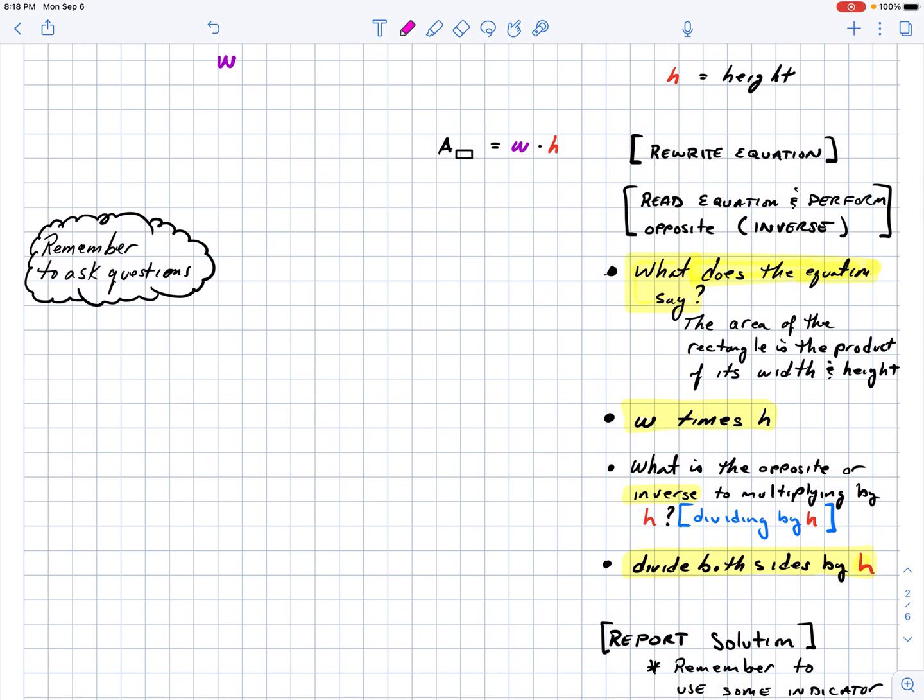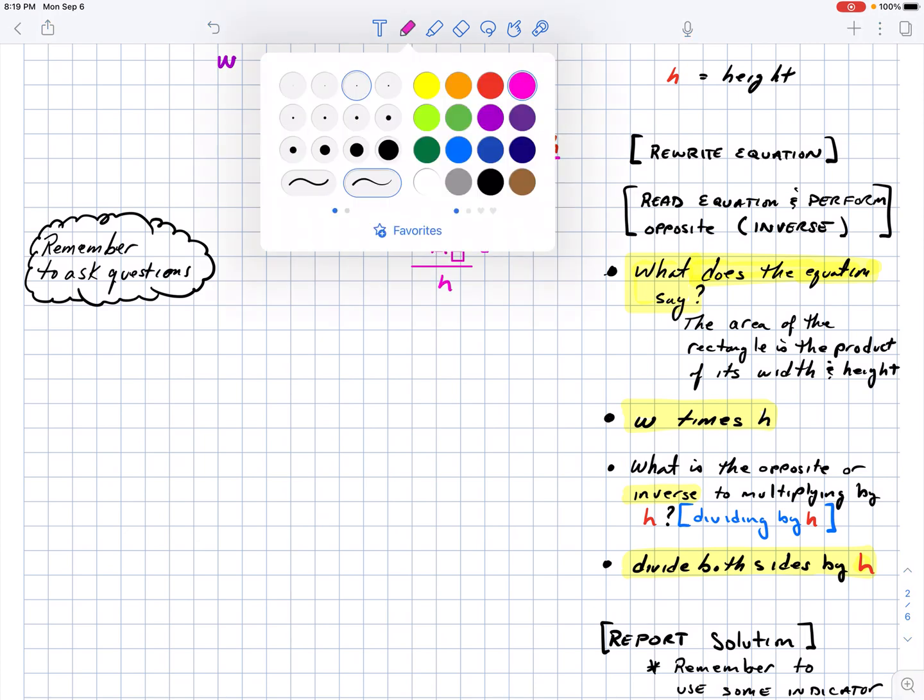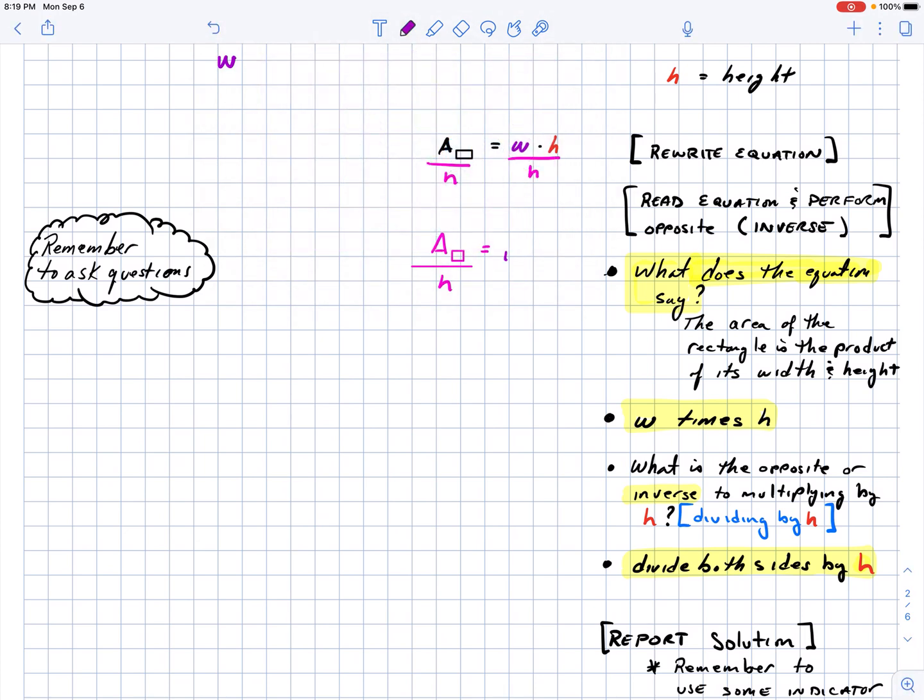Because when you multiply and divide by the same variable or number, like 5 divided by 5, you get a factor of 1. So I'm just going to divide both sides here by H. And now we have our solution: the area of the rectangle divided by H is going to equal the width.